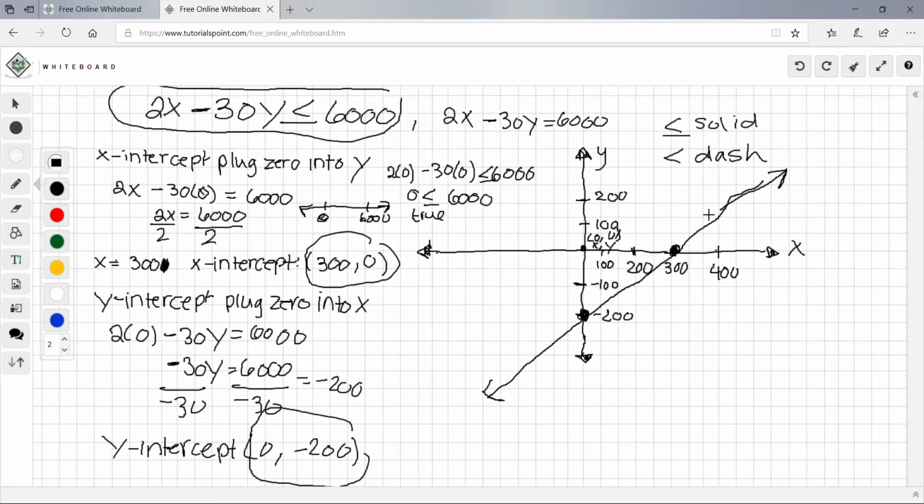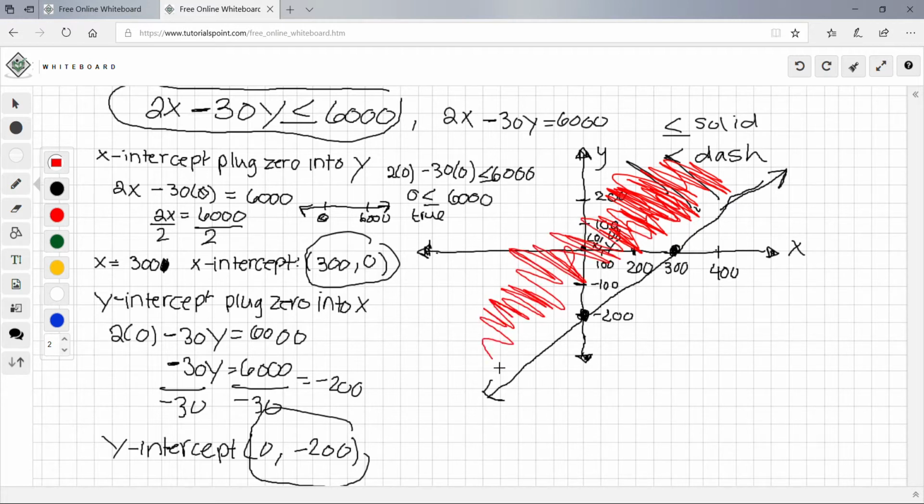So here's 0, 0. I could use another color if you want. It's going to look something like this. Shade the whole side.